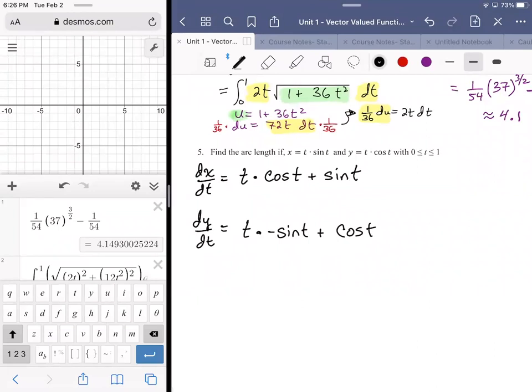Right. Now, this might be kind of a bear to type in, but you sort of look at it, pros and cons, risk reward, however you think of such things. And this is happening over 0 to 1, same as before. What's going to be harder? Simplifying a little bit and typing it in, simplifying a little bit and integrating by hand, not simplifying at all, but typing it in.